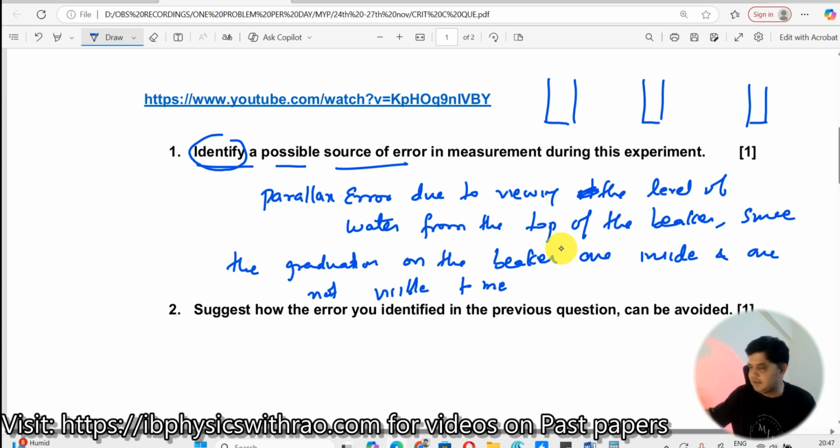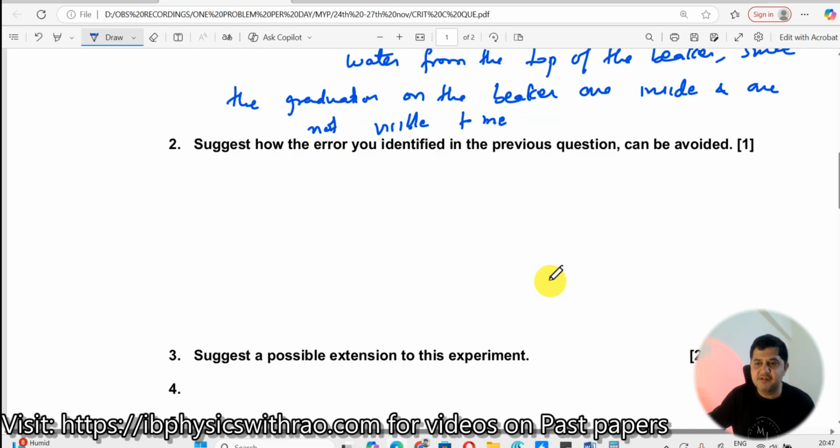Then now suggest how the error you identified in the previous question can be avoided.